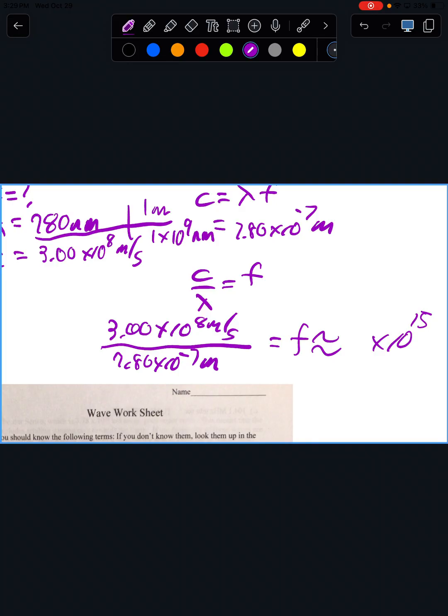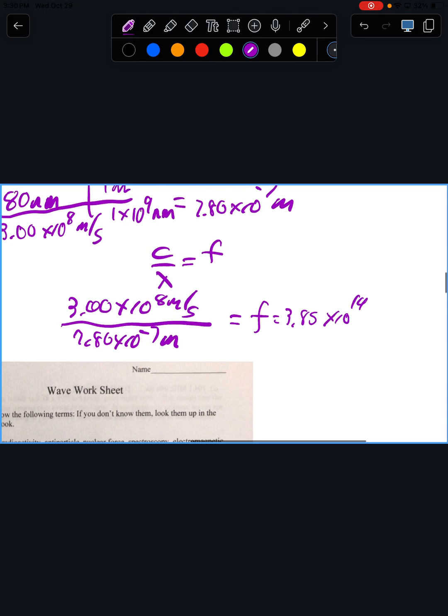So you should know whether or not your answer is somewhat reasonable. If you end up with 10 to the 4th, you did something wrong, okay? If you put this into your calculator, you will get 3.85 times 10 to the 14th.